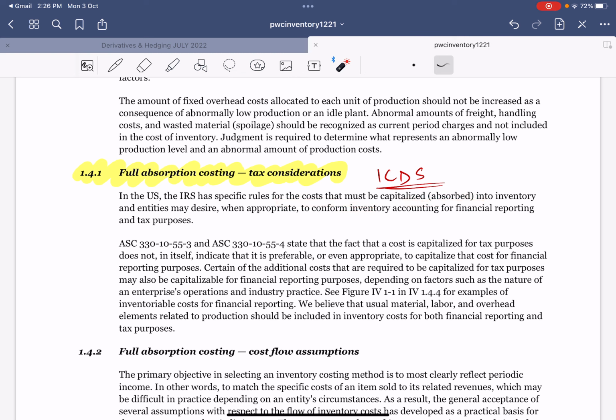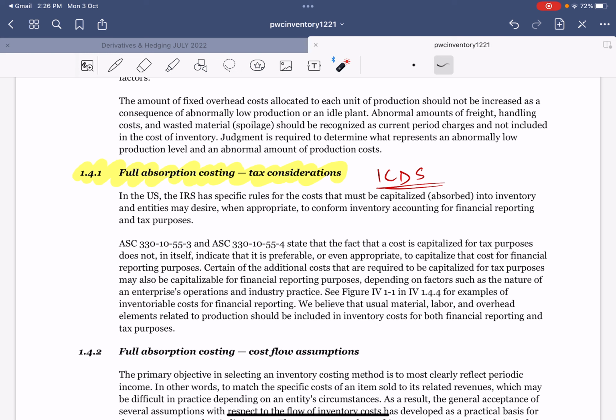ASC 330 states that the fact that a cost is capitalized for tax purposes does not itself indicate that it is preferable or even appropriate to capitalize that cost for financial reporting purposes.